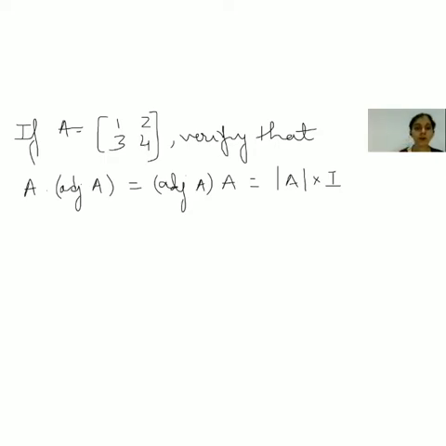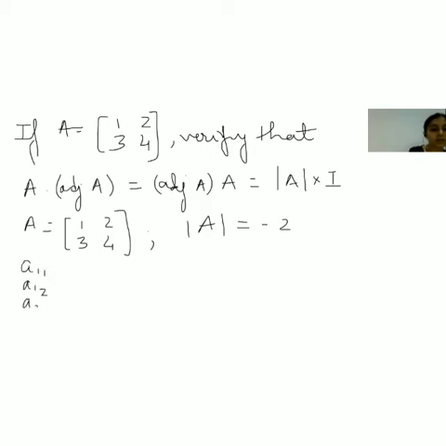We already know how to find the adjoint, so I'll just quickly do that for you. So A is equal to 1, 2, 3, and 4. Its determinant value let us find and keep, we will require it. So 4 minus 6, that is minus 2. Now how do we find adjoint? A11, A12, A21, and A22 are the elements of your matrix 1, 2, 3, and 4.